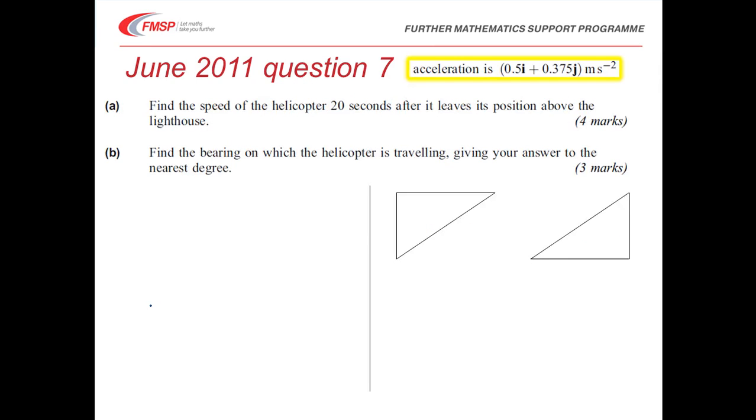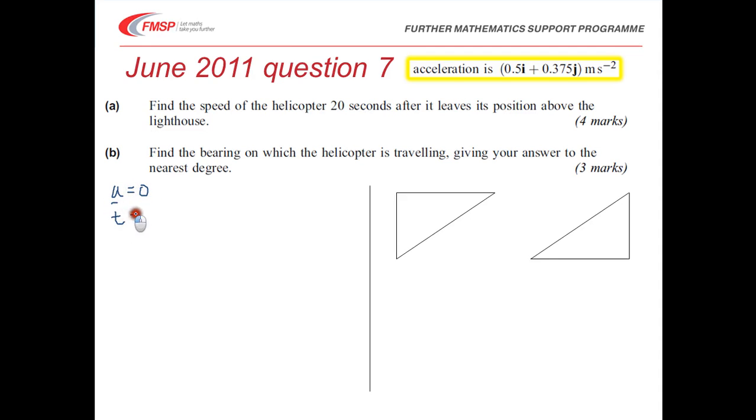So we'll start by just reminding ourselves, I've put up here that the acceleration is given by this vector. We'll remember that the helicopter is initially hovering. So we're just going to see if we can find the speed. So the fact that it was hovering initially means that u equals 0.